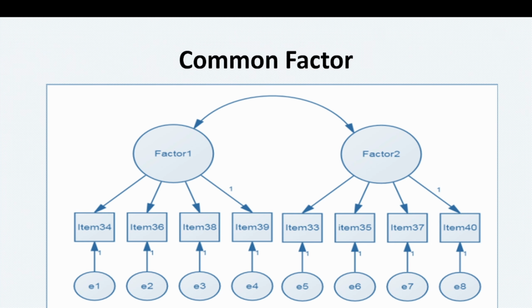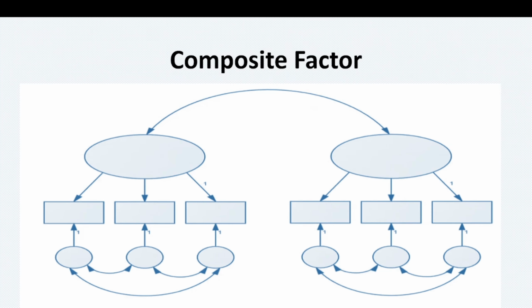If you see in this model, in the common factor analysis, here we have to estimate 1, 2, 3, 4, 5, 6, 7, 8 and 9 parameters. While in this model, in the composite factor, they are already correlated and we don't have to estimate them. We only have to estimate 1, 2, 3 and 4.